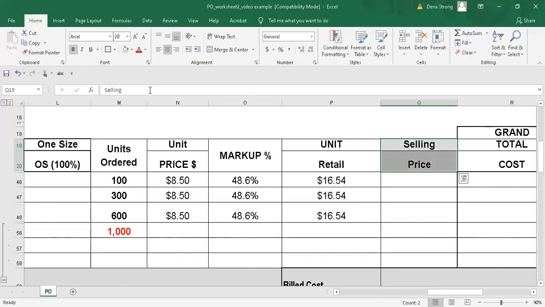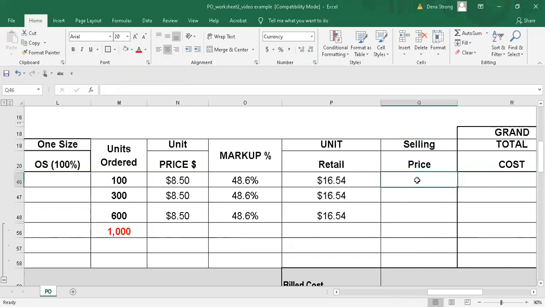So once again, the selling price is the retail price that the customers will pay for the merchandise in the store. That is the price that will be ticketed for each hoodie when they're shipped to the store. So let's just say we are a retail store that uses a 99-cent price ending. That is our retail strategy.